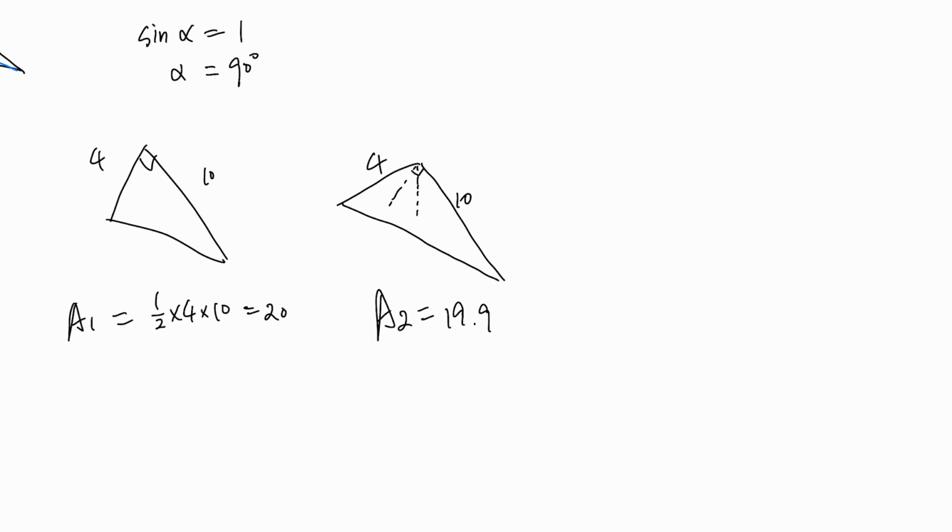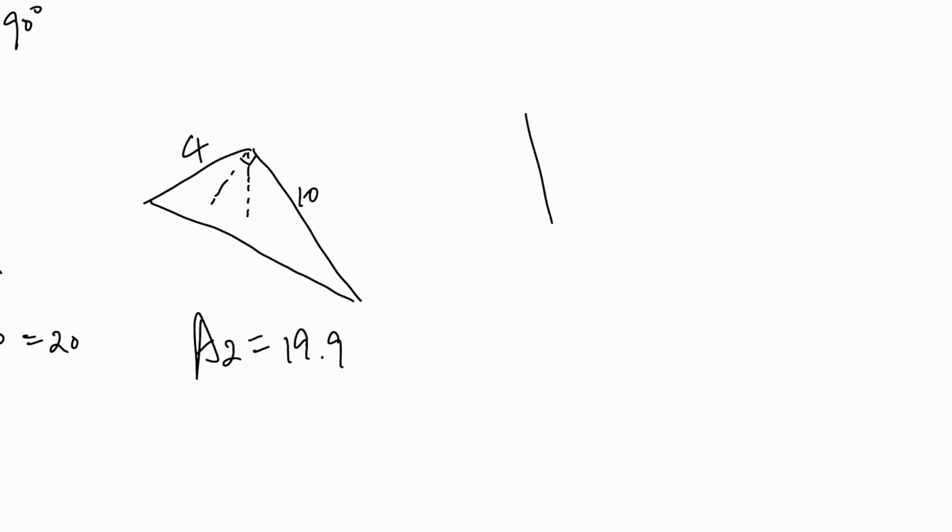So what if the other one we have to make is an acute triangle? If we have, let's say, 4, 10, and something else, this is the angle alpha that we're interested in.